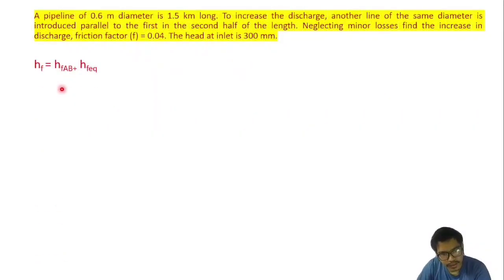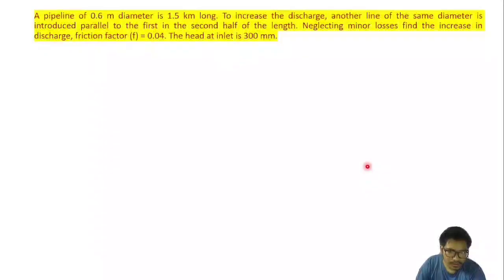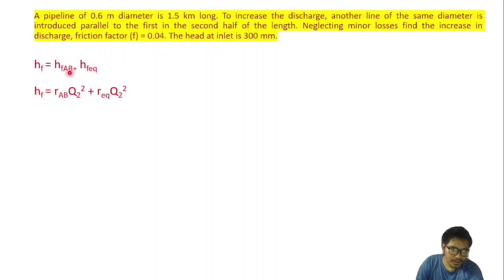So the head loss is the head loss in AB plus the head loss in this equivalent pipe, which is the total head loss. So H of AB is given by RAB times Q2 square, and H of equivalent is given by REQ times Q2 square.